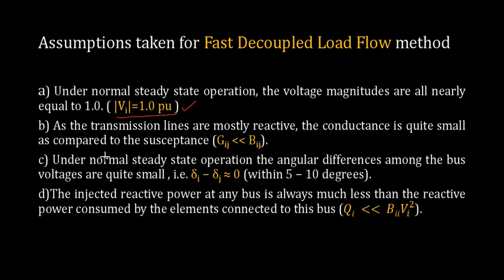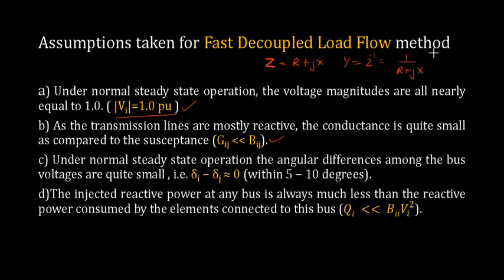Then we assume that the transmission lines are almost reactive, that is, the resistance is very small compared to the reactance. Once you consider that, we arrive at the result that the conductance is very small compared to the susceptance. That is, Z is given by R plus jX, and Y can be found by Z inverse, that is 1 by R plus jX.